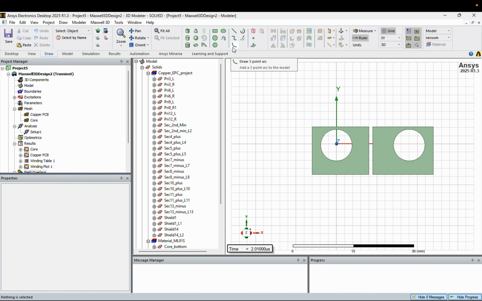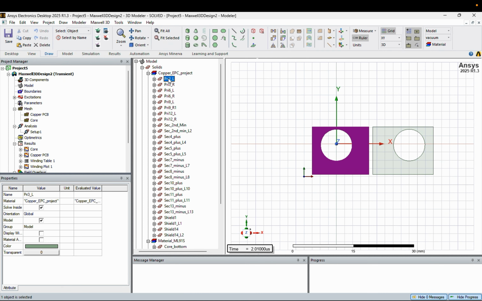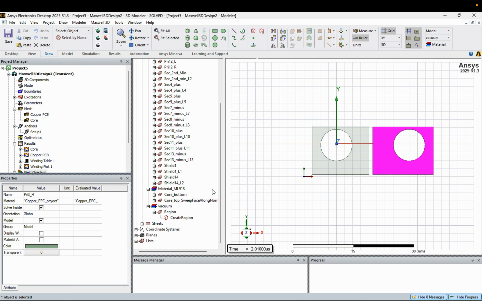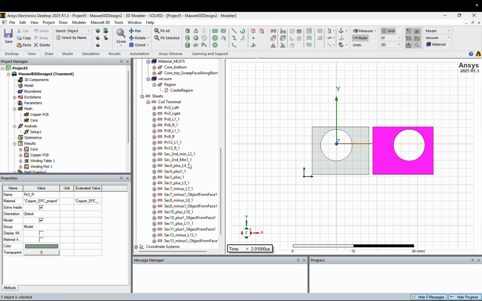That's when you can split it and add the coil terminal and show it as primary 3, right, left and right. So this is the left, this is the right, and the coil terminal is somewhere under the sheets.